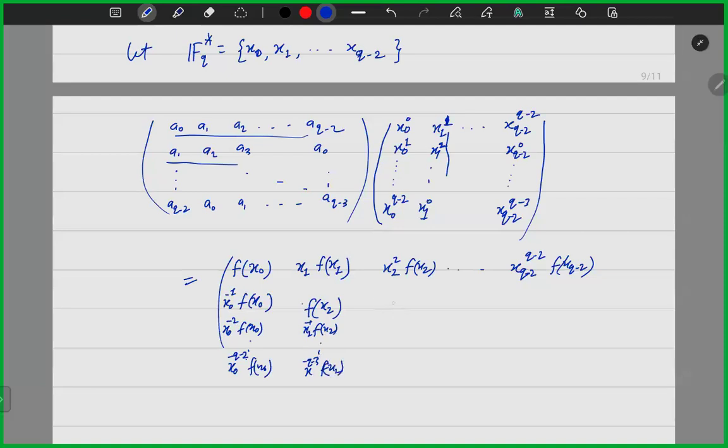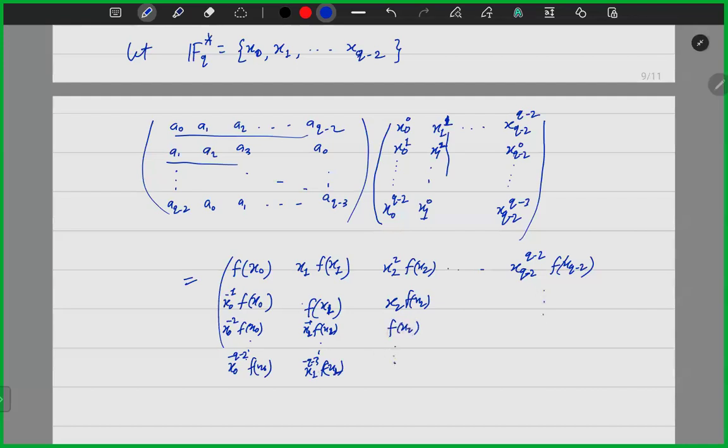And here you will get F(X1), and here you will get F(X2), and then like this.